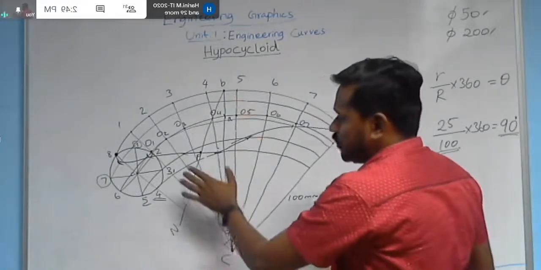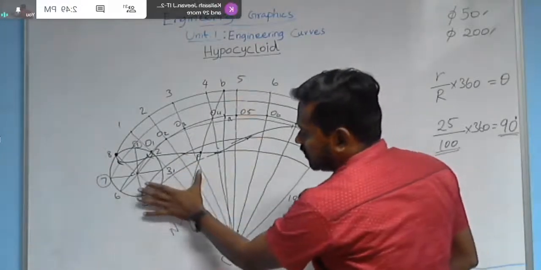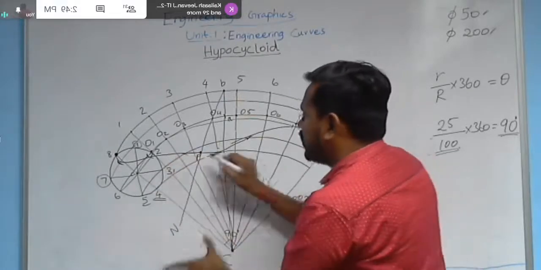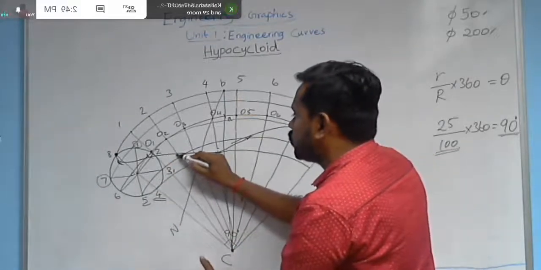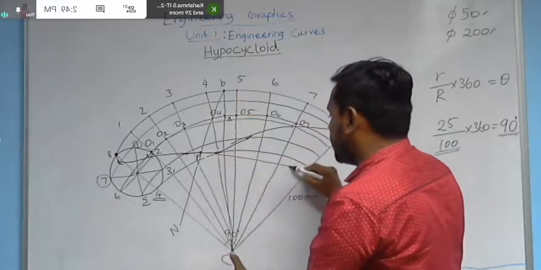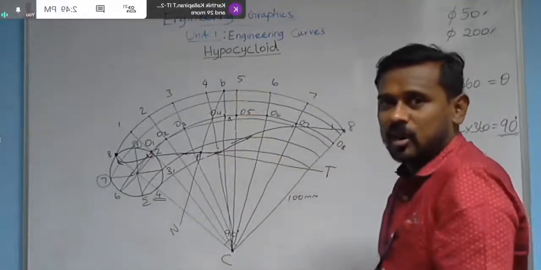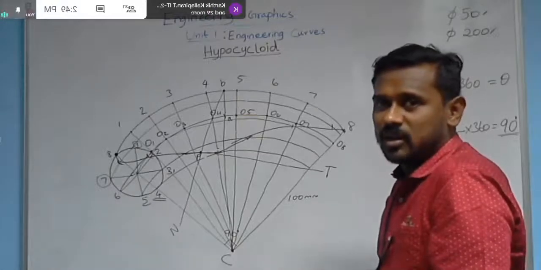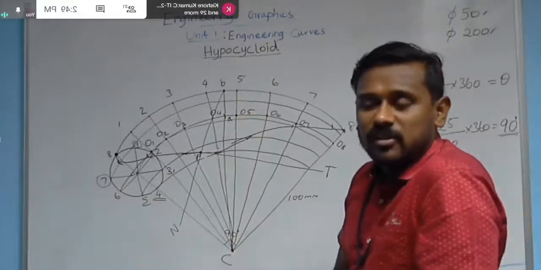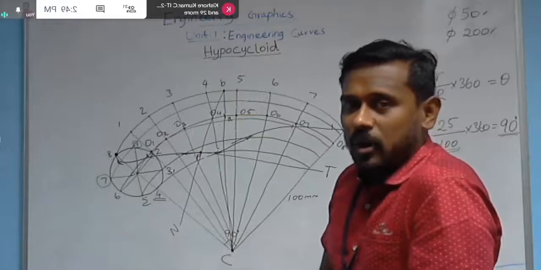So now set your drafter and scale in line with the normal line and draw a perpendicular line to your normal through the same point. That line is nothing but the tangent line for the hypocycloidal curve. So in this way you can draw the tangent and the normal for the curve in this problem.